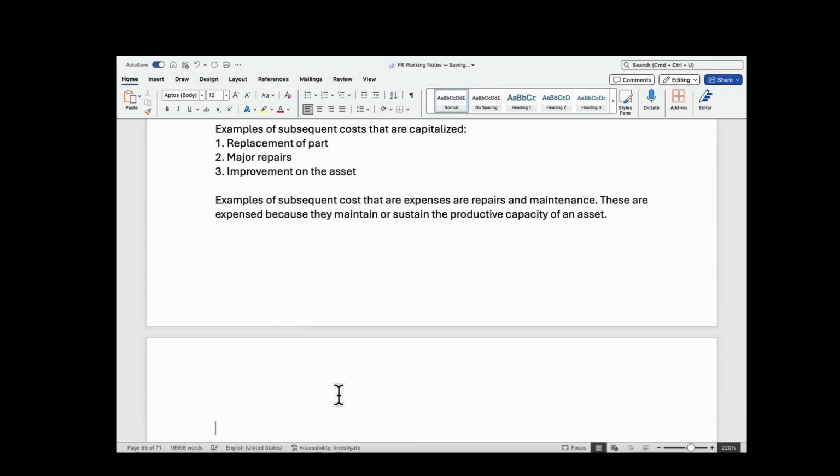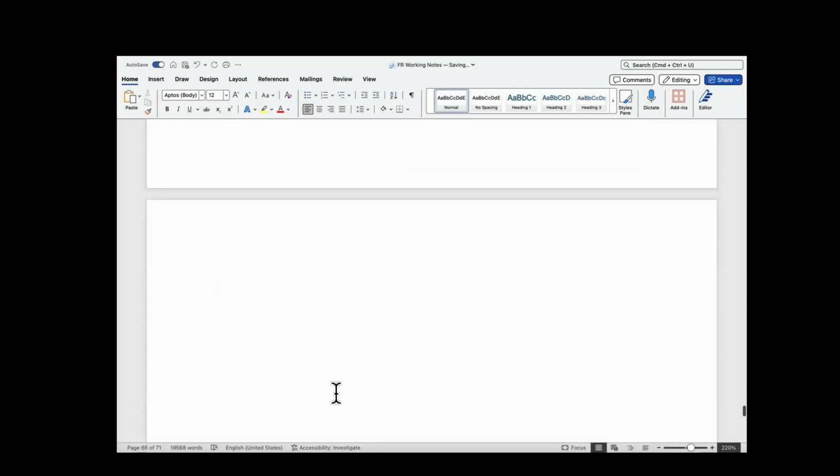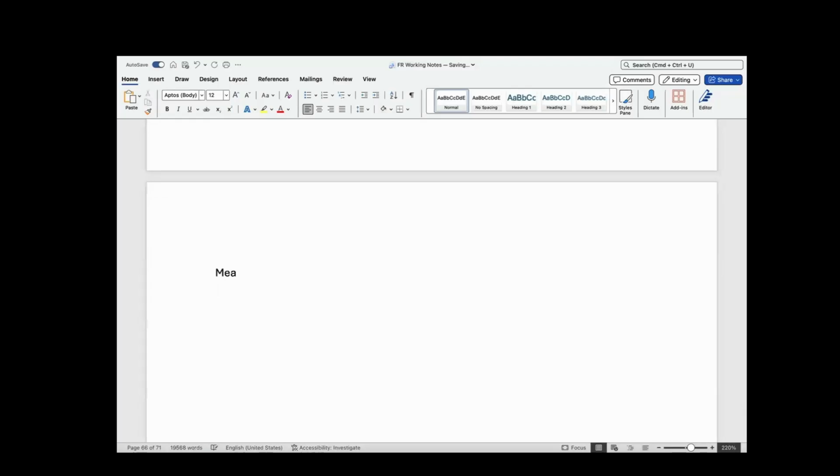Now, after subsequent costs, the next thing is measurement of PPE. When we talk about measurement, we are talking about getting the value that would be attached to this PPE. How much?